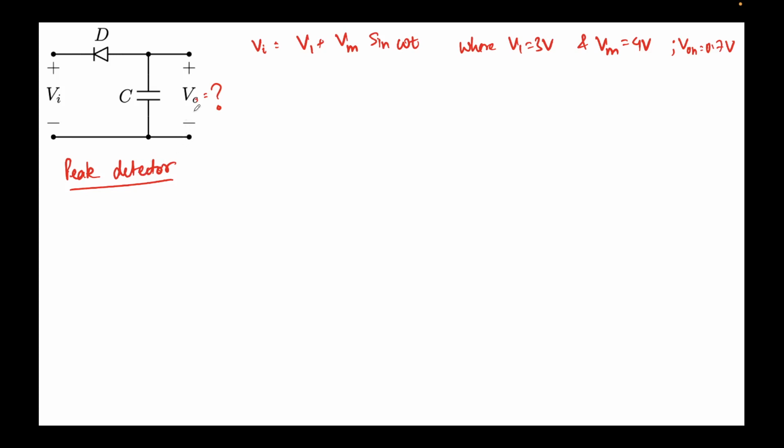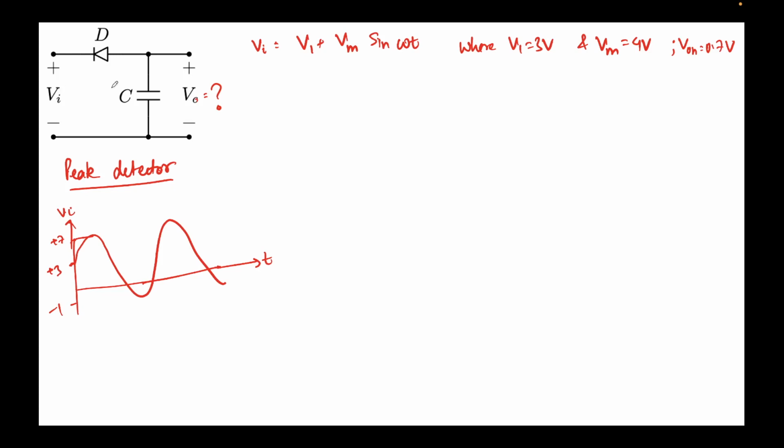At time t equal to 0, this capacitor is uncharged, and we are also given that Vi was plus 3 volts. This is our Vi with respect to time. So this was plus 3 volts, this will be plus 7, this is plus 3, and this is minus 1.